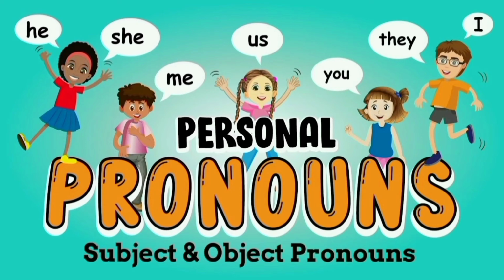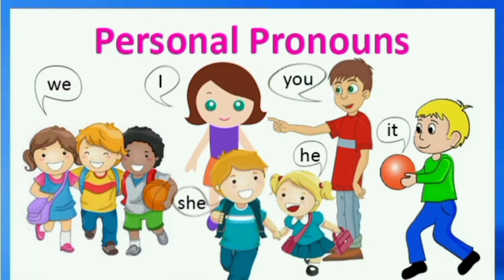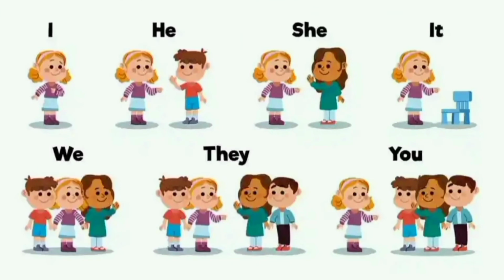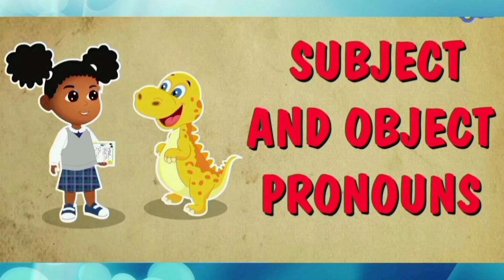They allow us to speak and write with economy by avoiding cumbersome repetitions of proper nouns. Personal pronouns can also be classified as objective personal pronouns, subjective personal pronouns, possessive personal pronouns, and reflexive personal pronouns.